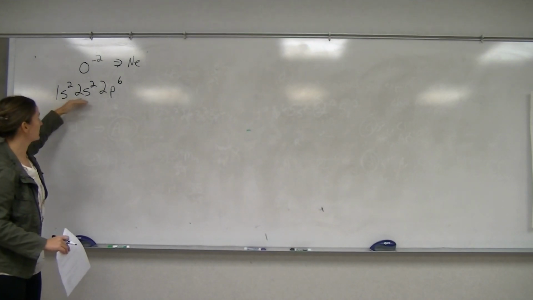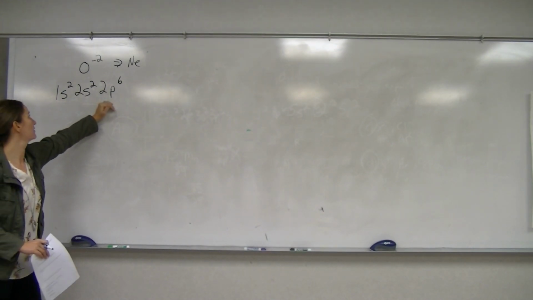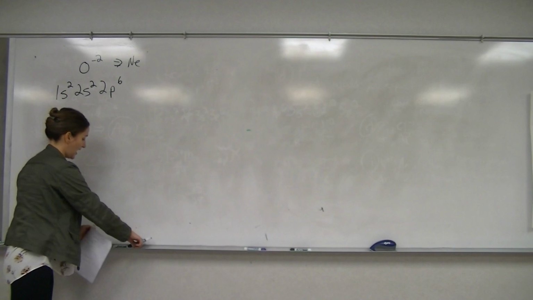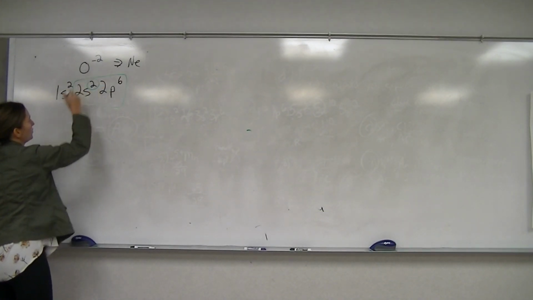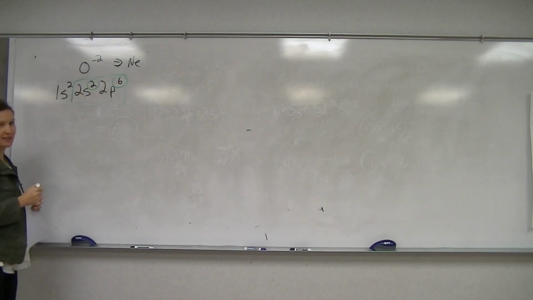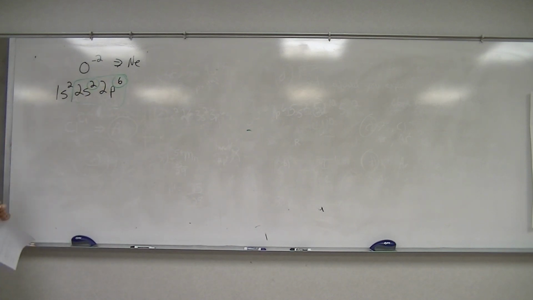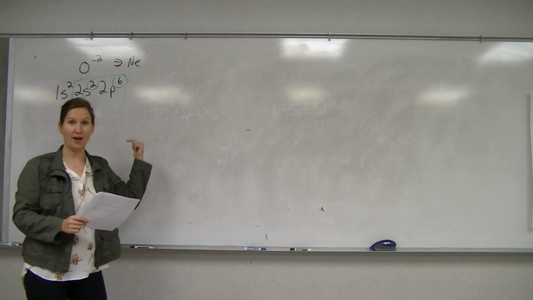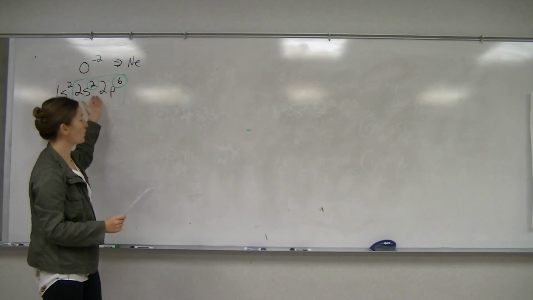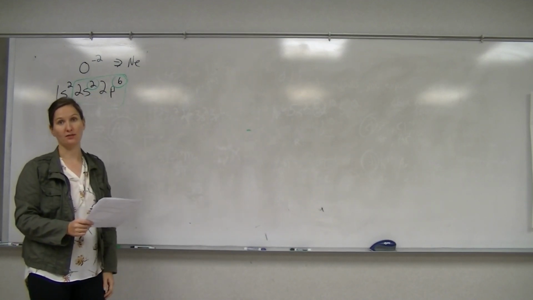I wrote the electron configuration of neon. Notice it has 8 electrons in the valence shell, 2 in the s, 6 in the p, for a total of 8. So be aware when you're writing electron configurations, is it neutral or is it an ion? Because if it's an ion, you may need to take away or add more electrons.